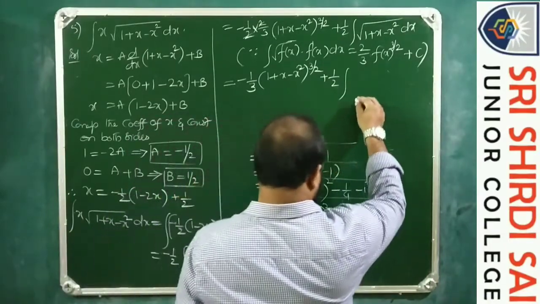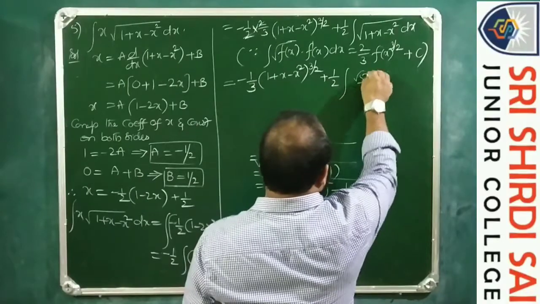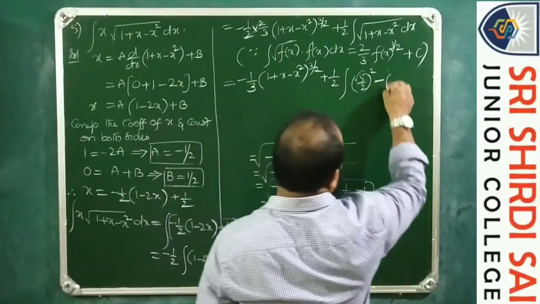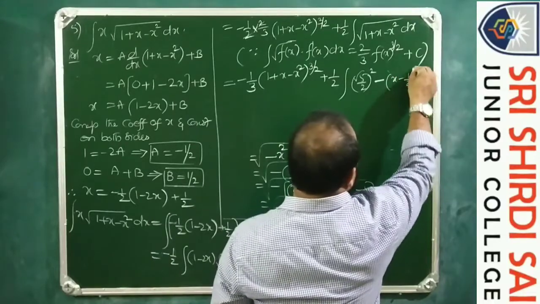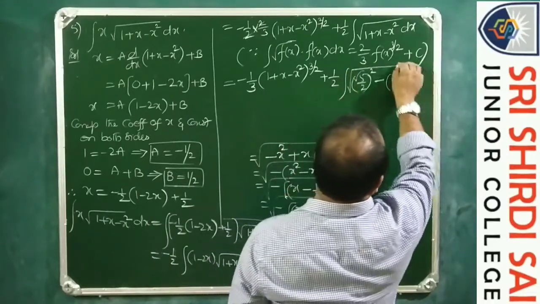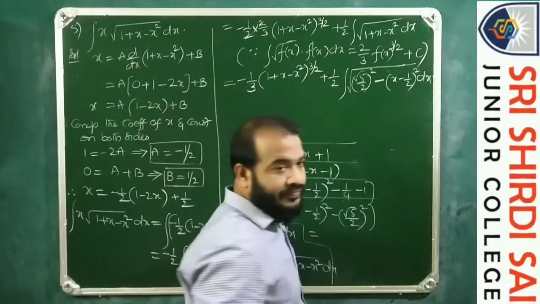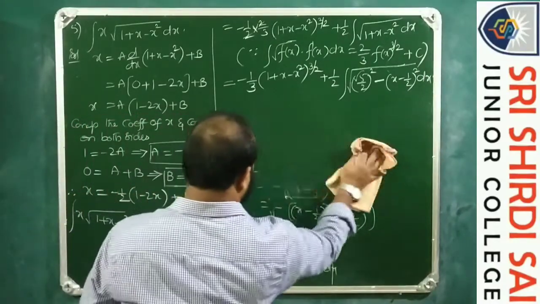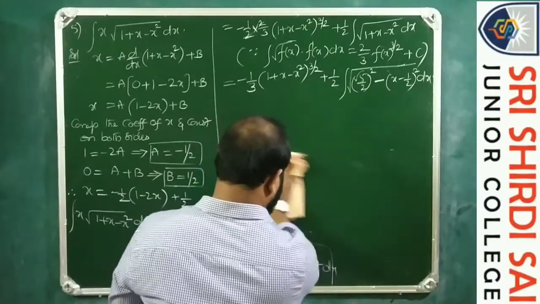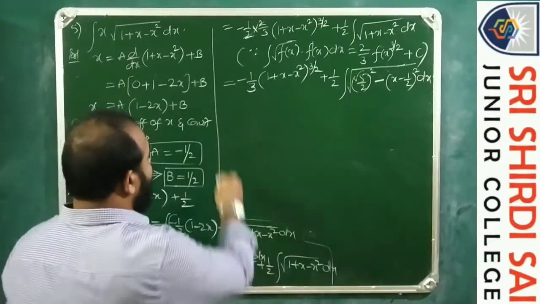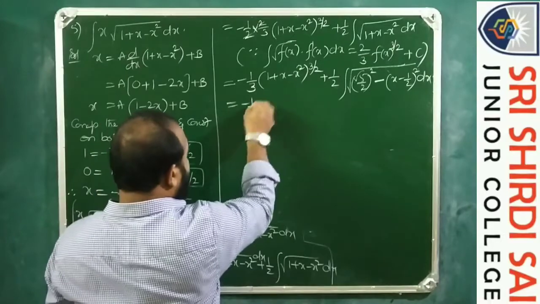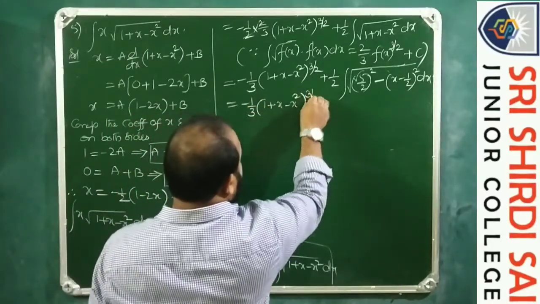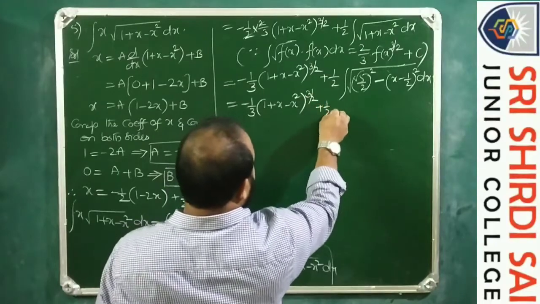So this is root 5 by 2 whole square minus x minus 1 by 2 whole square, whole dx. Now this is equal to minus 1 by 3 into 1 plus x minus x square whole power 3 by 2 plus 1 by 2.